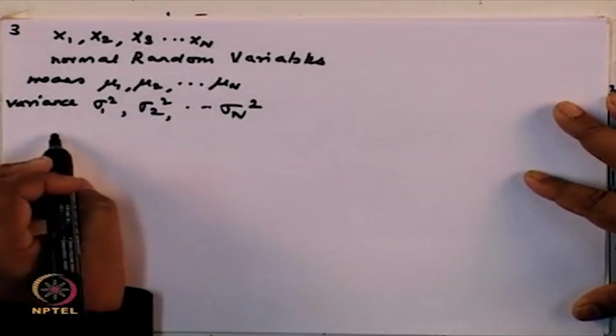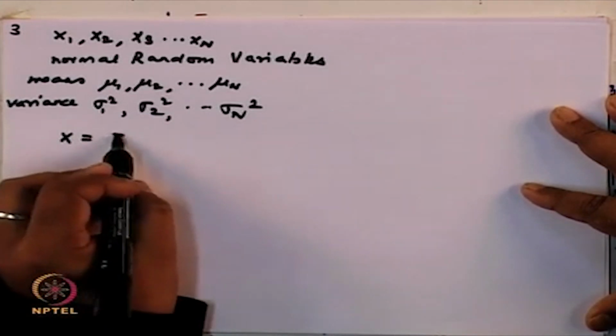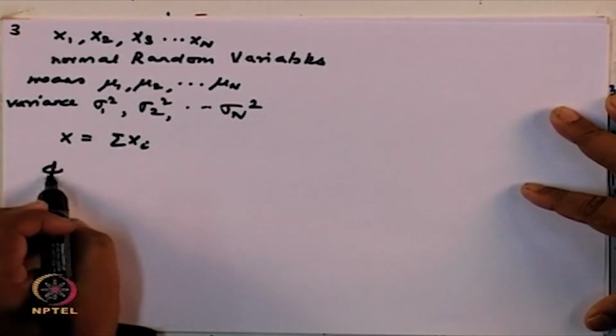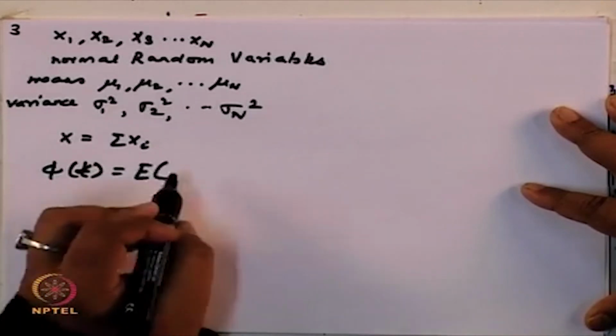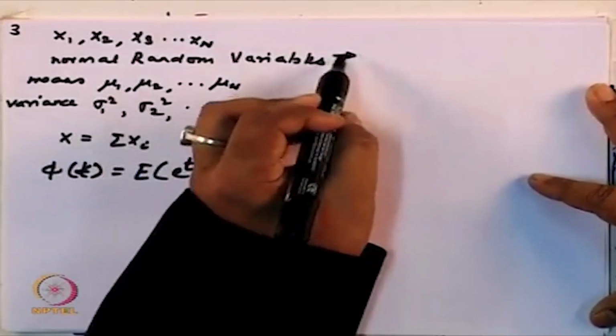Then if you have a variable x which you define as the summation of xi, the moment generating function for this x will be phi of t equal to the expectation of e to the power t x. Now let us assume also that these random variables are independent.